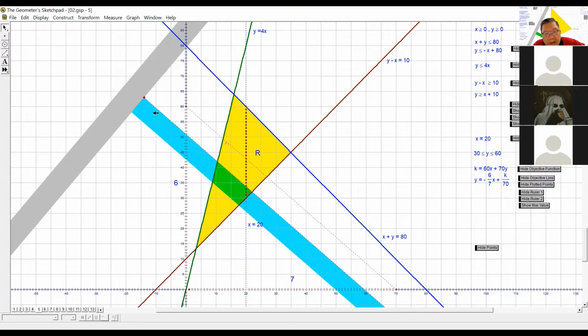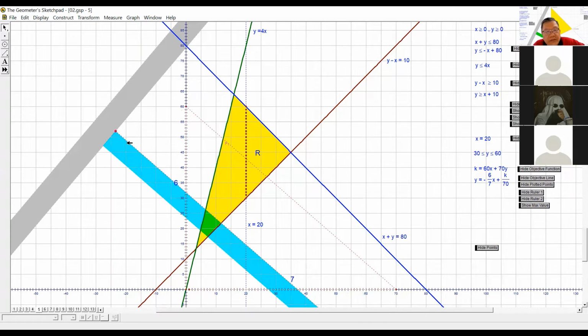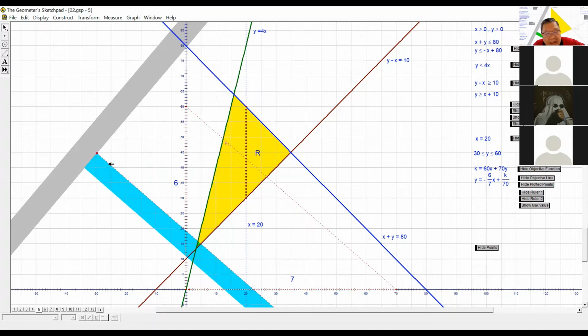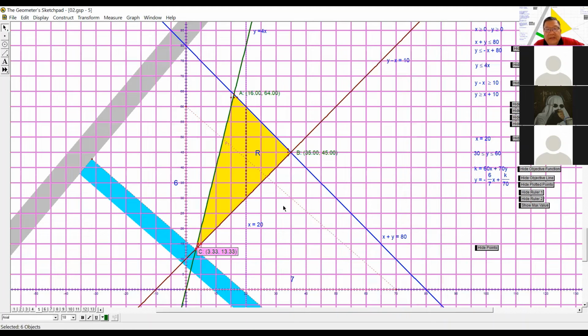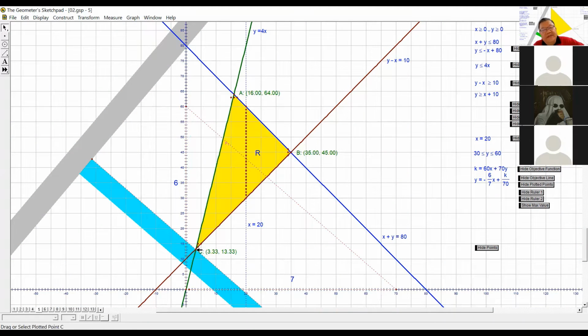If I pull it nearer and nearer to the origin, the last line that it hits the shaded region is this point here. I show you the point, this point C here. The coordinate is 3.33, 13.33.